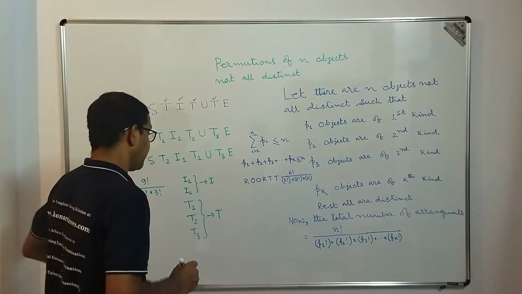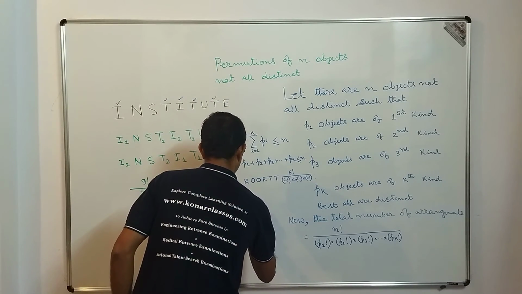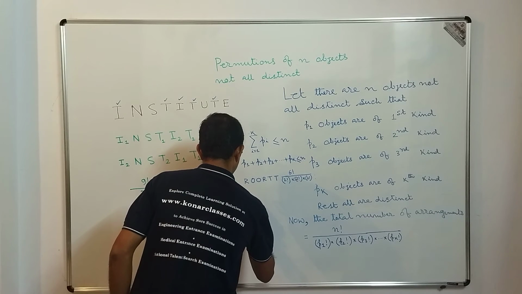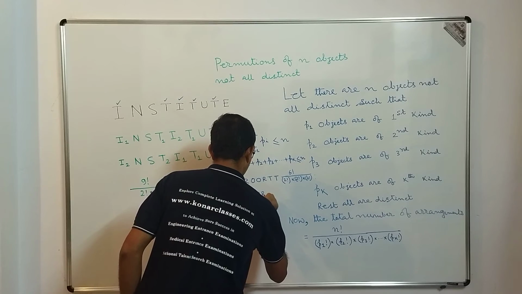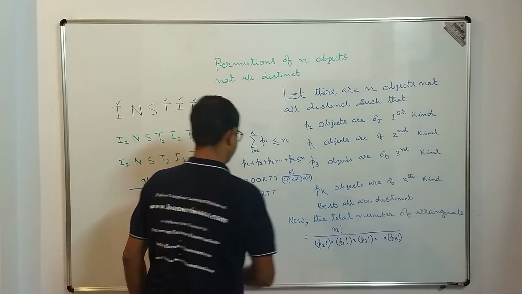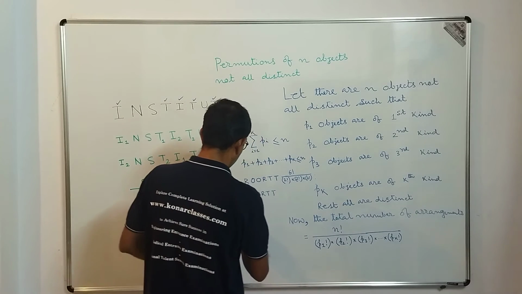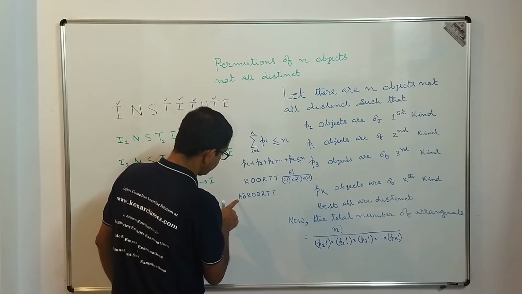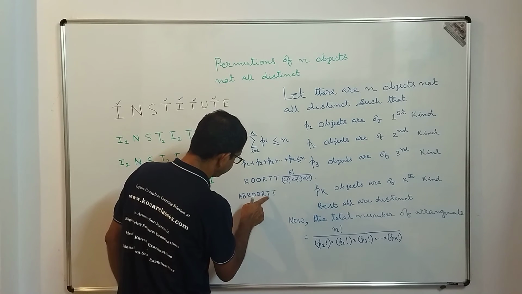Now if we see another word, A B R O O R T T. In this case, how many letters are there? 1, 2, 3, 4, 5, 6, 7, 8.